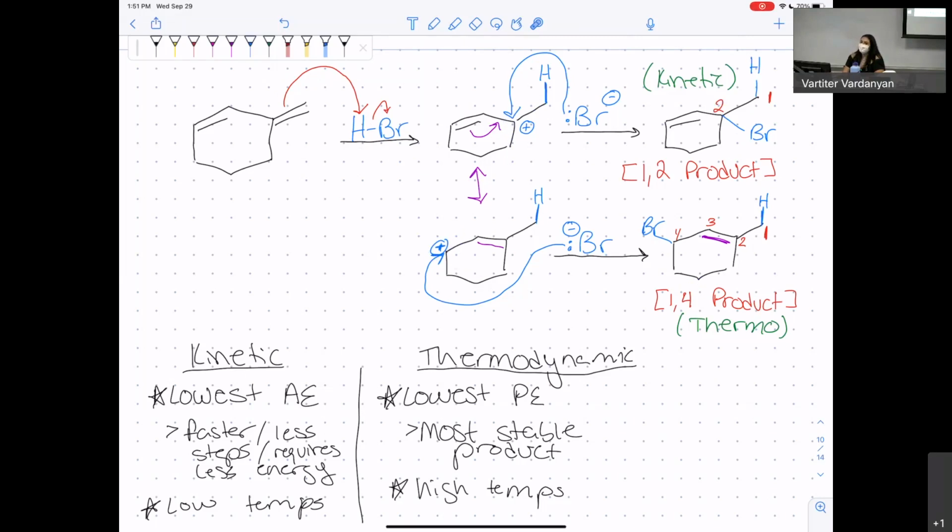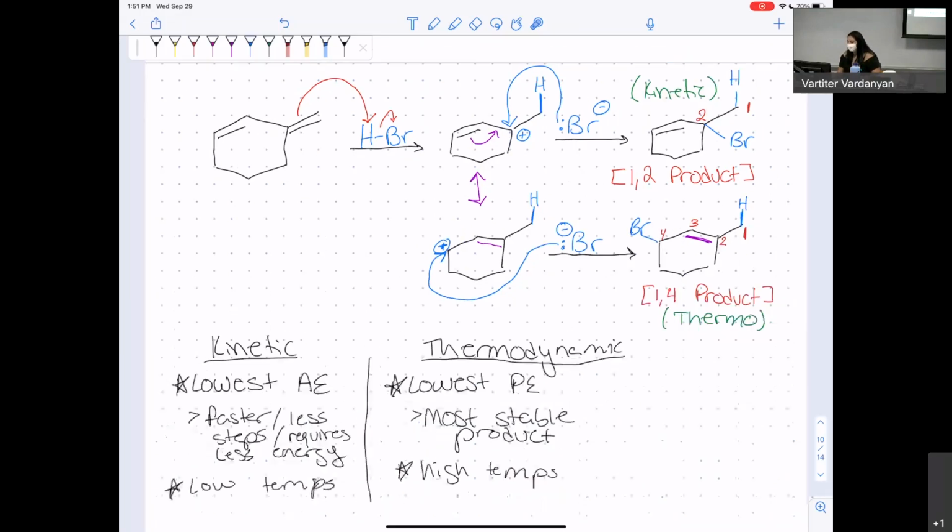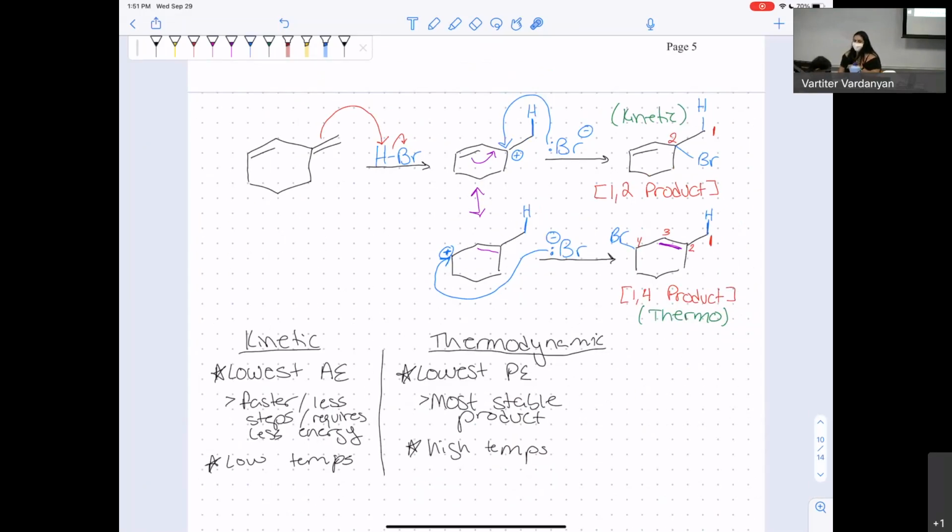That ends up being thermodynamic because this double bond is more substituted, therefore it is more stable. And we know that the kinetic product is always lowest activation energy, and the thermodynamic product is always the lowest potential energy. Questions?